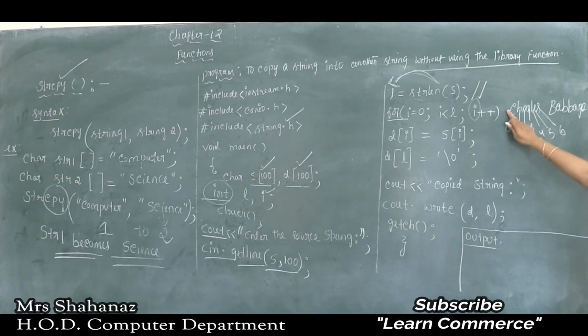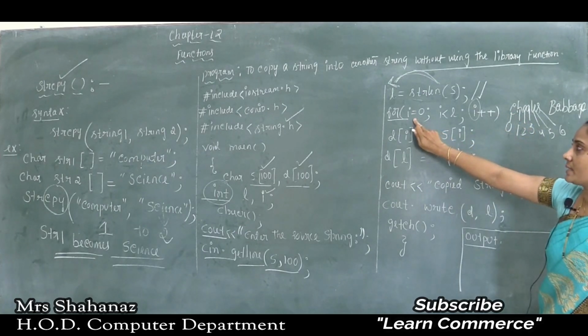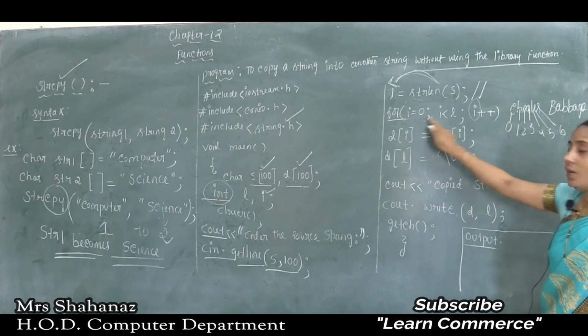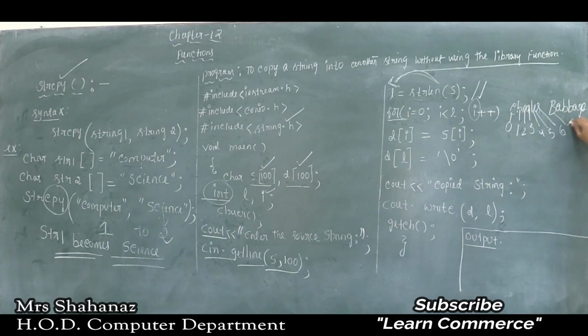So it is going to start from the 0 position. First of all it is going to access the character at i equal to 0. Clear this point here? Then next one 7, then 8, then 9, this is 10, 11, okay, 12 and 13.